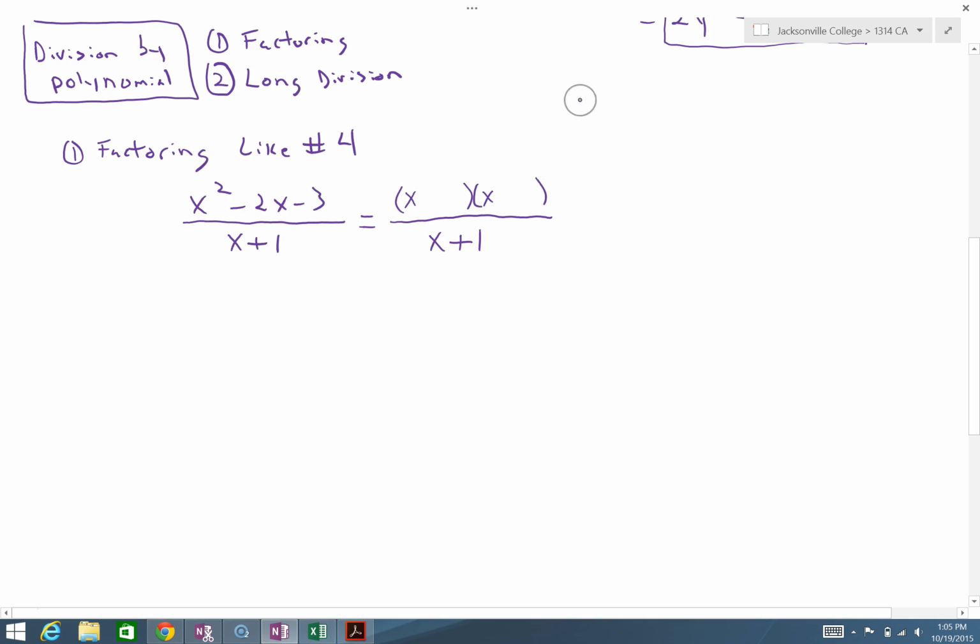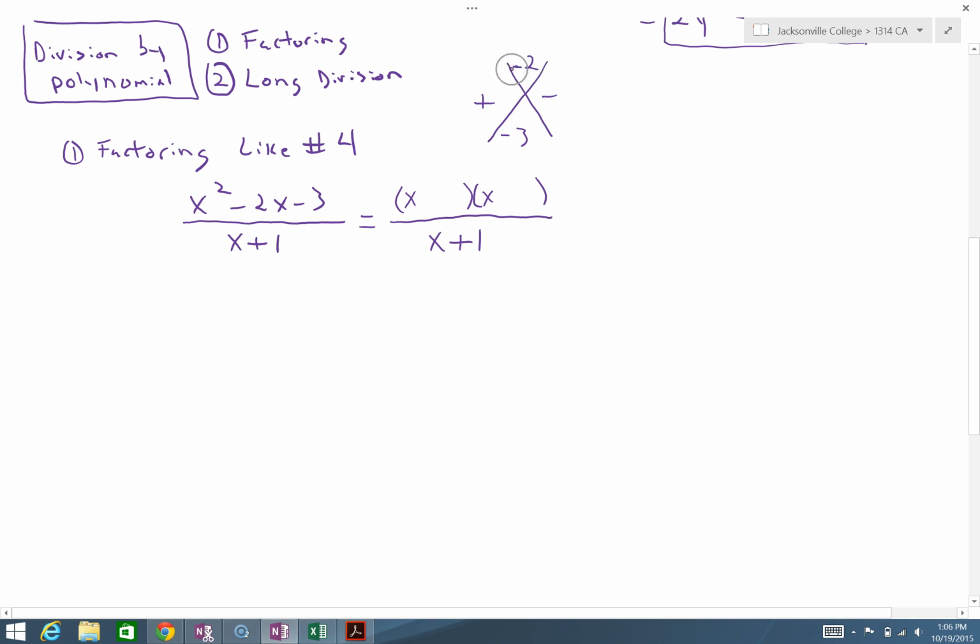I'm going to show our big X method, but know that in this case, it's going to be a little bit easier to factor. In the bottom is a times c, that is 1 times negative 3. And the top is b, negative 2. And negative 3 is prime. It's only 3 times 1. If this is negative, 1's a plus, 1's a minus.